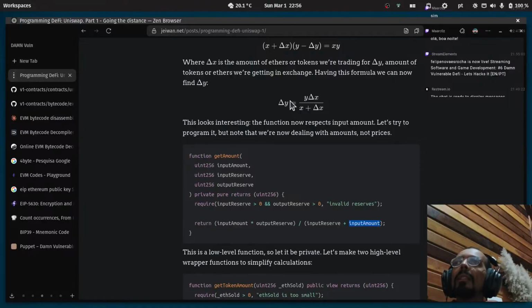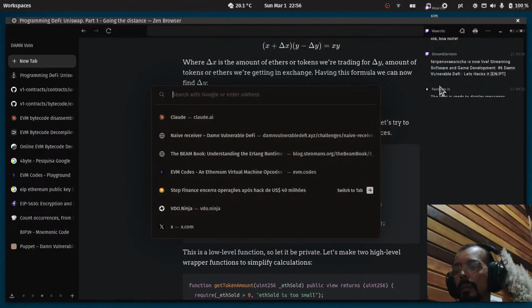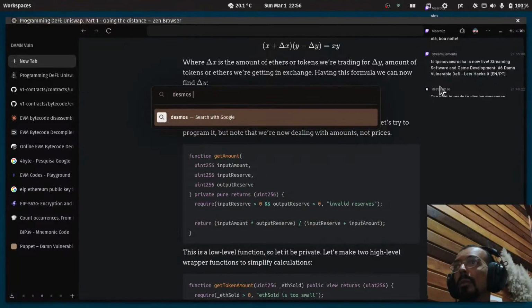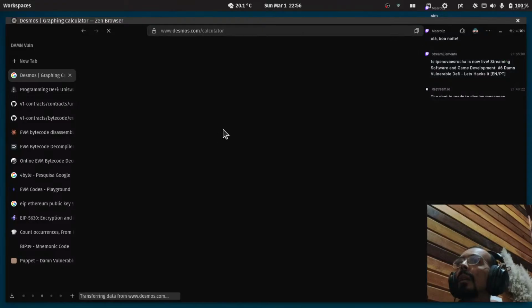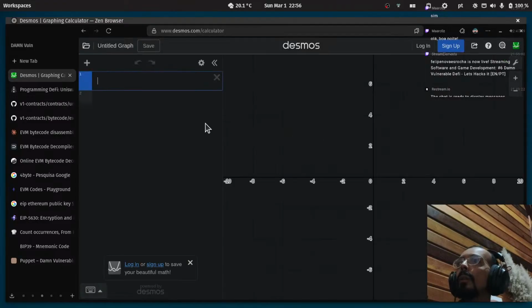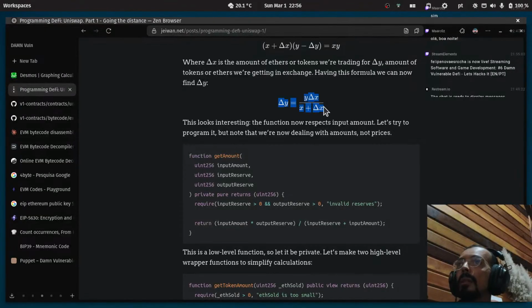I want to see that in a graph, in a chart. We have a program for this, the Desmos chart, the graphing calculator. I don't remember how to type formulas here. Can I copy this?